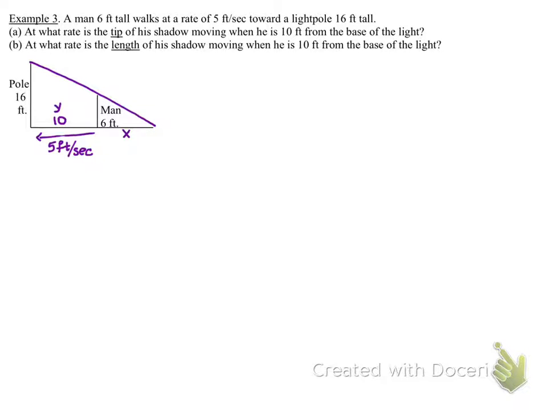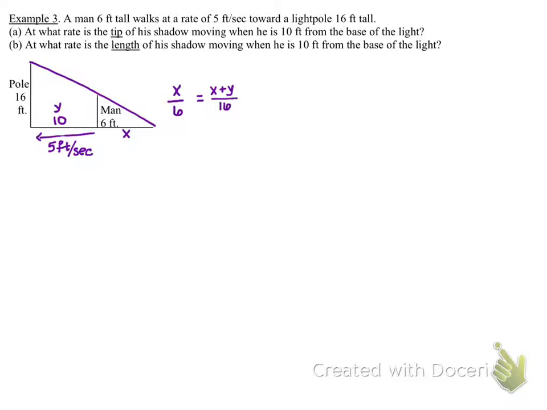It changes. So what we know is that this ratio of x over 6, so our similar triangles, x over 6, is equivalent to the ratio, or the similar triangle, x plus y over 16.